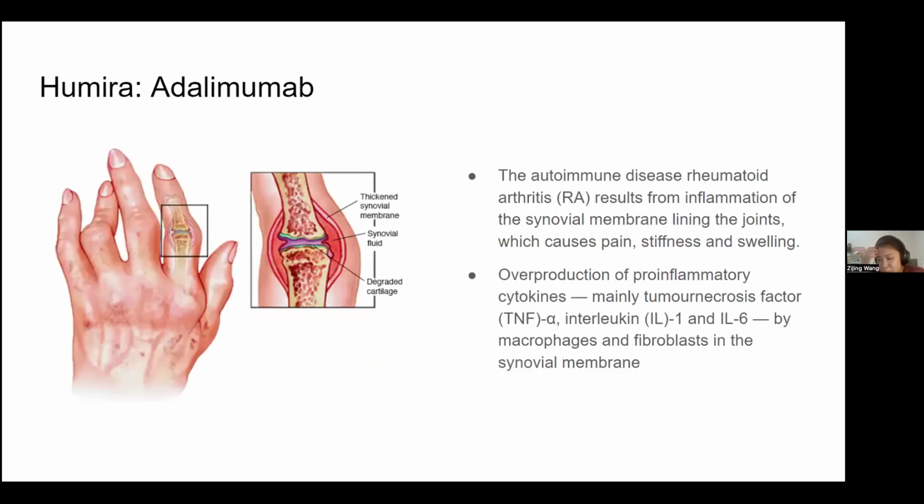So now I will introduce a specific disease and a specific drug that treats the disease. It's a really good example of how biopharmaceutical companies make profit while designing a very effective drug for rheumatoid arthritis.